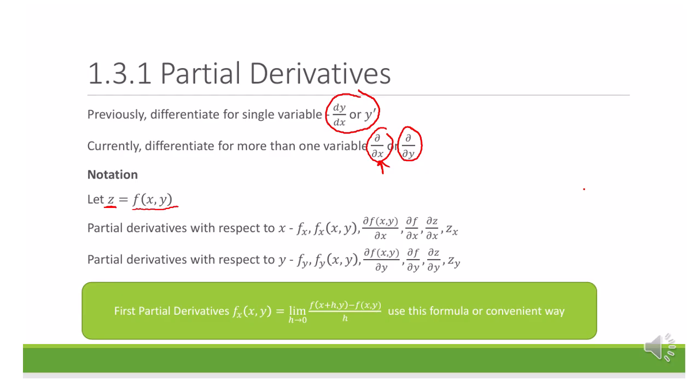The partial derivatives mean we need to differentiate with respect to x and with respect to y. So all of this is the formula, or how it should be written, when we want to differentiate with respect to x, and this also, differentiate with respect to y.